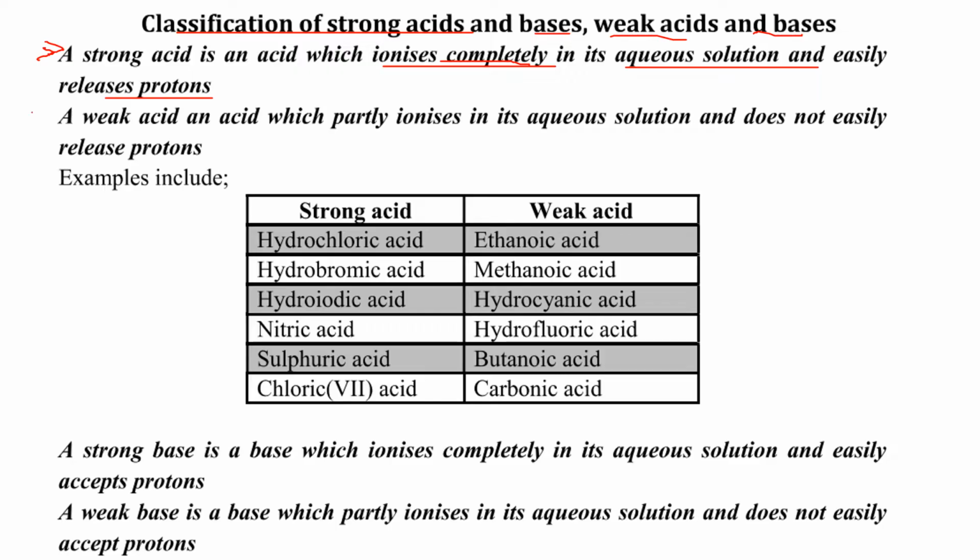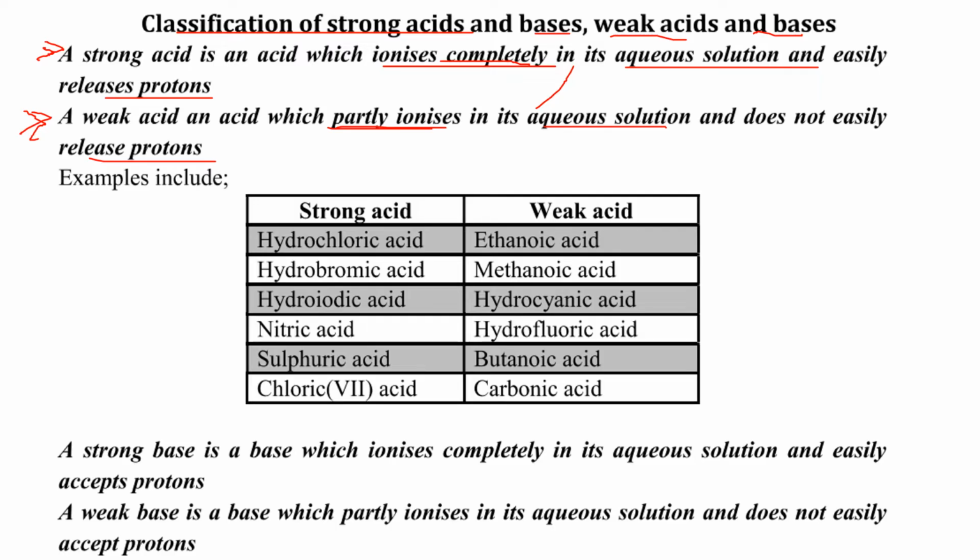And if you are to compare it with the weak acid, we shall be saying that a weak acid is going to be that acid which ionizes just partly. What differentiates this one from the strong acid is that weak acids just partially ionize in their aqueous solution, and therefore they do not easily release their protons. By protons we also mean hydrogen ions.